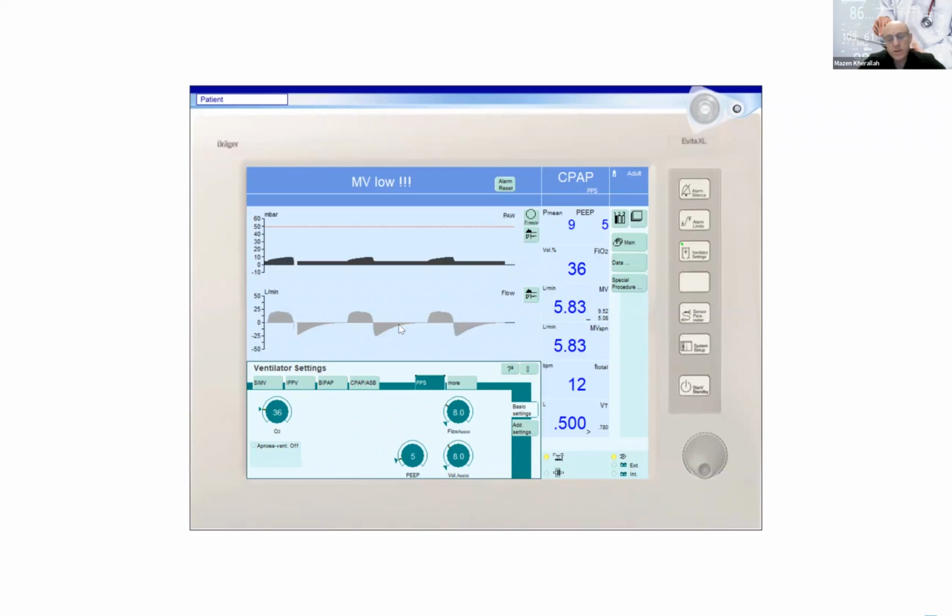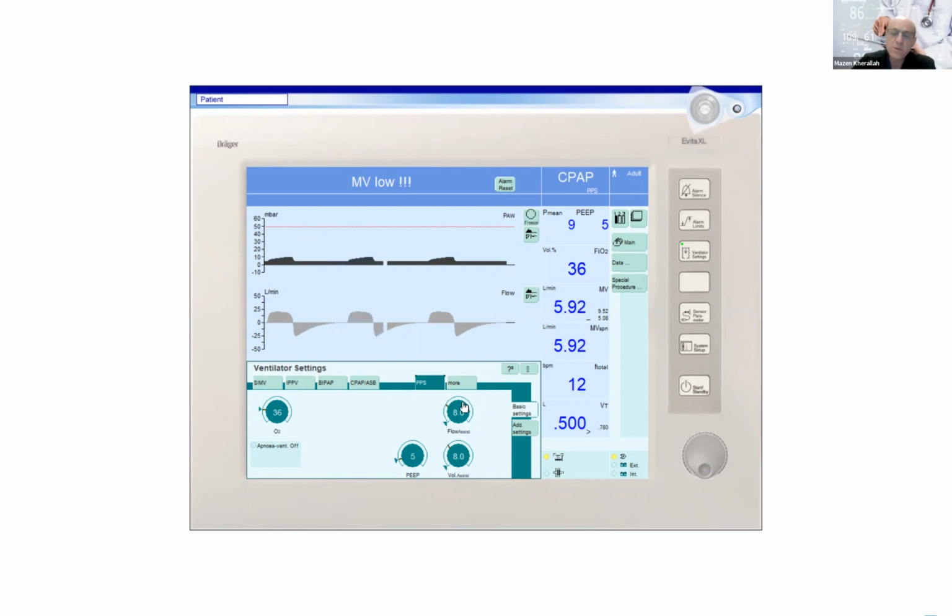What we're doing is we're taking information from the patient in terms of how much flow he wants to take, and we're giving him pressure support to assist him in getting that volume into the lungs.